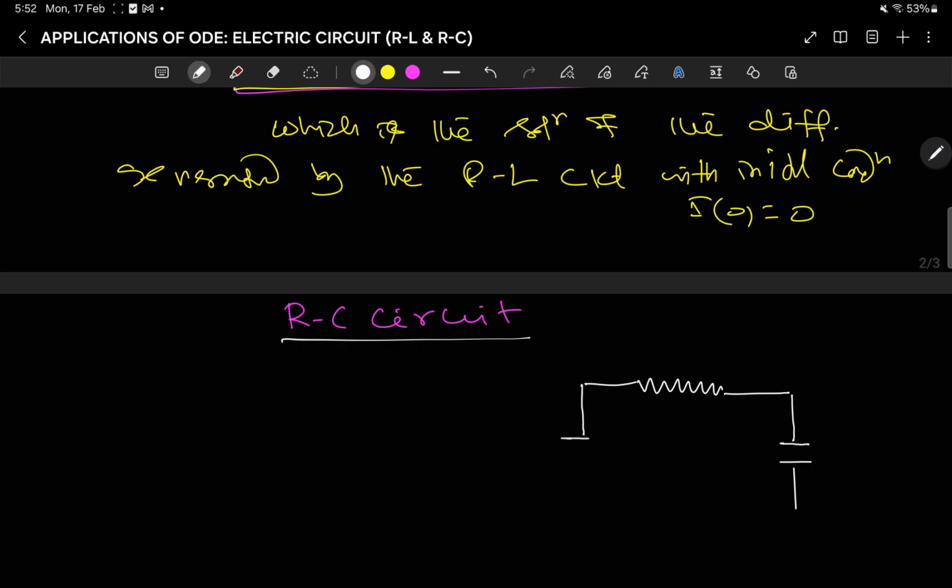Let this be the battery EMF, E0. There may be a key or may not, but here there is a key. So this is an RC circuit. This is R, this is C, parallel lines of the same length. This is C farad, this is my battery E, which we say is E0, and this is my key K.